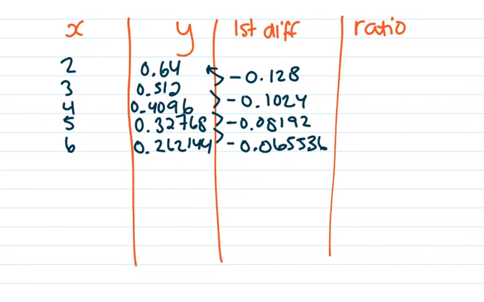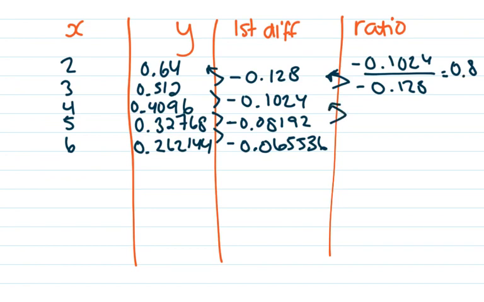Okay, and now we're going to look at the ratio. So there's not really a connection in the first differences, it doesn't look like. But then the ratio, we're going to do the second number divided by the first number. So negative 0.1024 divided by negative 0.128, and that equals 0.8. Then we're going to do negative 0.08192 divided by negative 0.1024. That also equals 0.8.